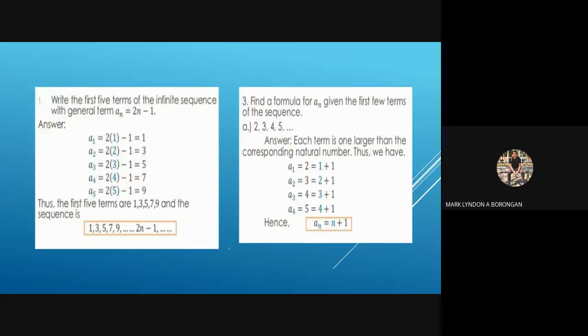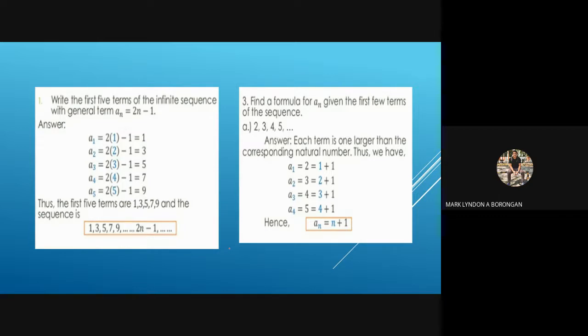Let's proceed to the next example. Write the first 5 terms of the infinite sequence with general term a sub n equal to 2n minus 1. We are going to solve this one in the same manner as the previous examples.